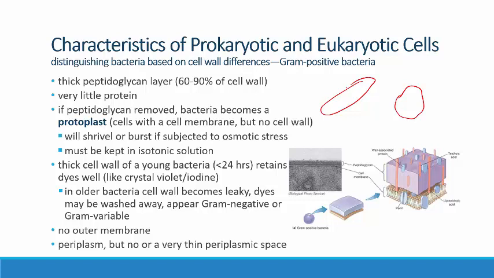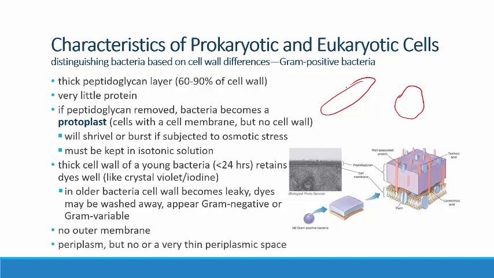And so protoplasts, when they're made, must be kept in isotonic solutions. And so they're used as a research tool for folks who are trying to understand how the membrane functions, with the goal of removing the cell wall so it's not contributing to any membrane function at all.